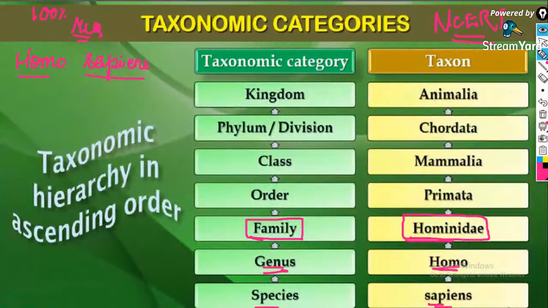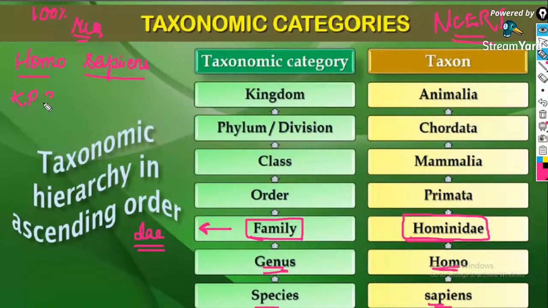Guys, to remember, the family of mammals always ends with the letters DAE. Felidae, Muridae. When we are discussing in the coming slides, you will be able to understand. I hope this mnemonic is clear for you. This is the very first mnemonic that you have to study in your entire biology.